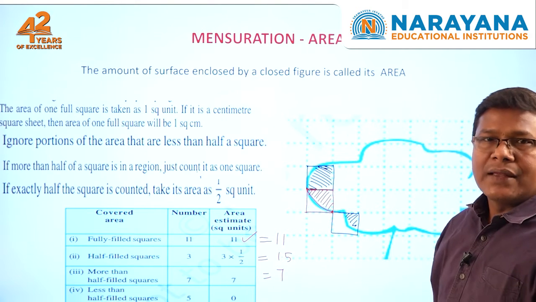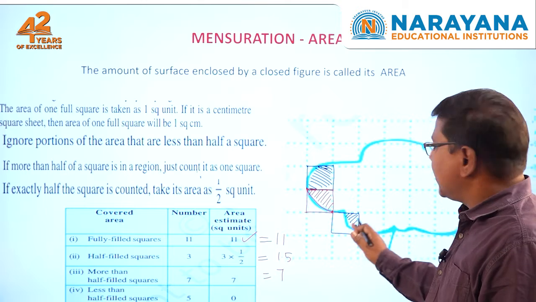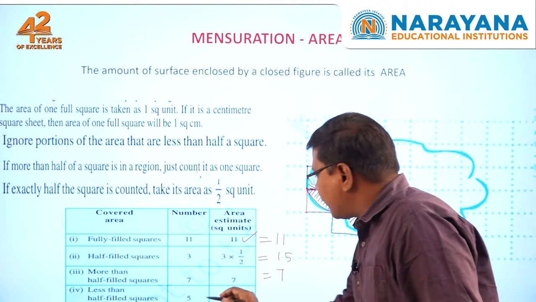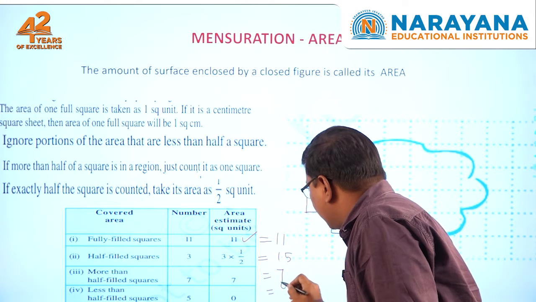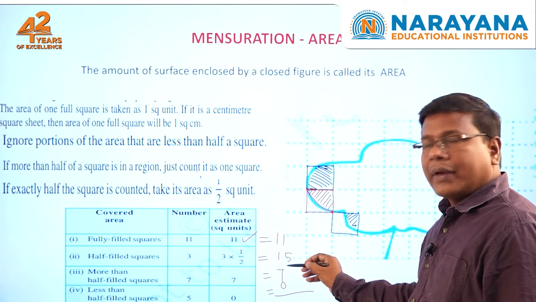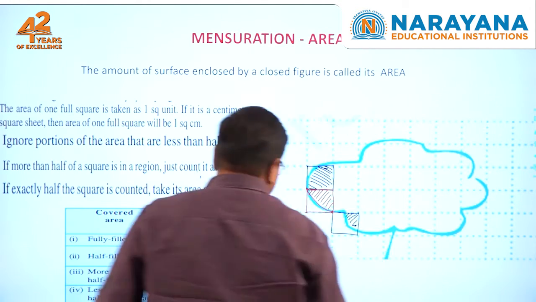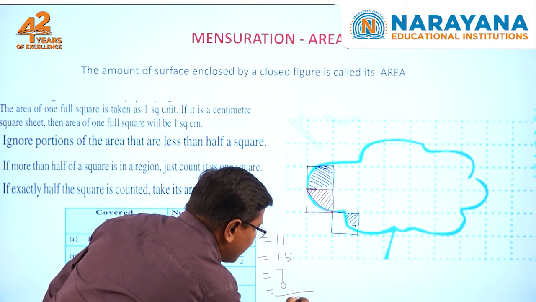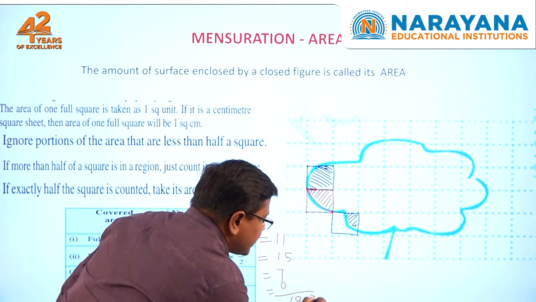Less than half means you have to neglect them, so it has 0 area. Therefore, 5 into 0 equals 0. In total, we have 11 plus 1.5 is 12.5, plus 7 is 19.5 square centimeters.